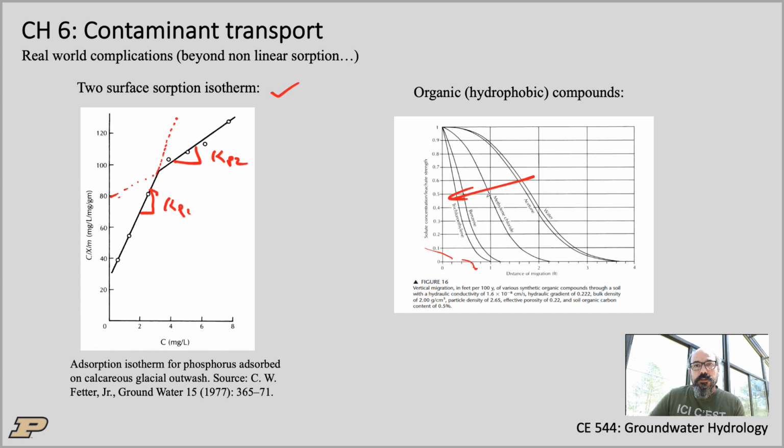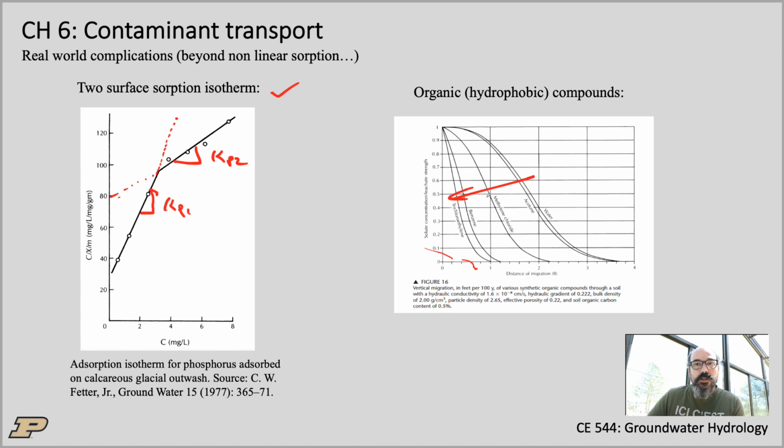Especially in soils, the retardation for an organic pollutant, and these are very important because all gasoline products are organic pollutants, will depend on the organic content of the soil itself.